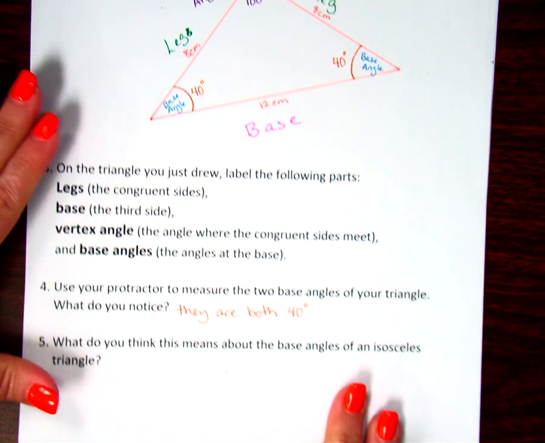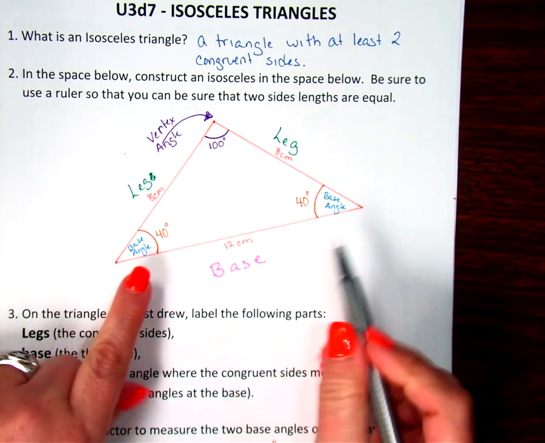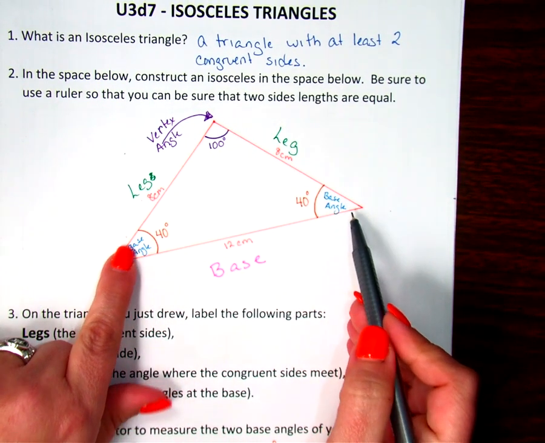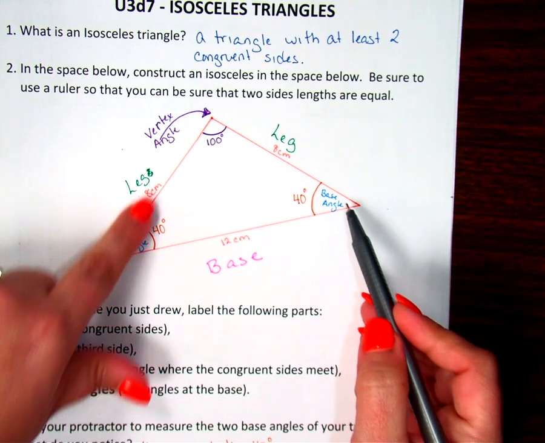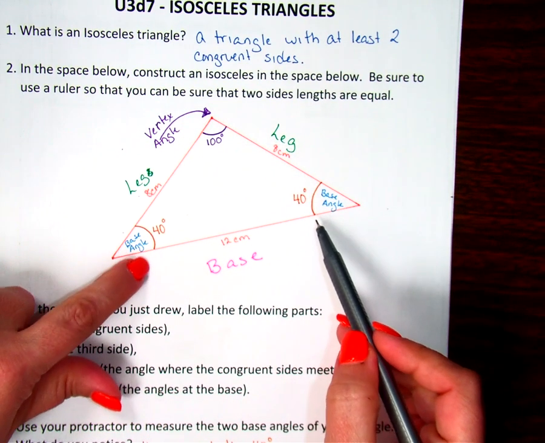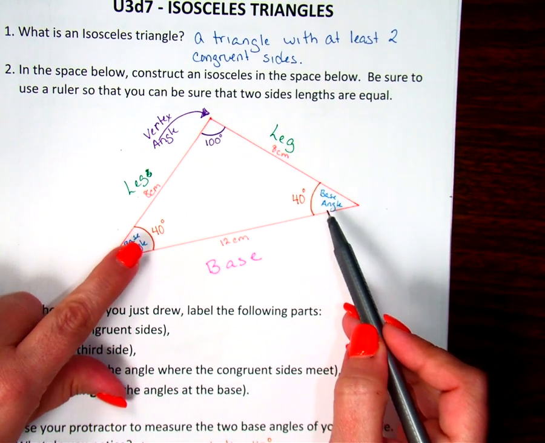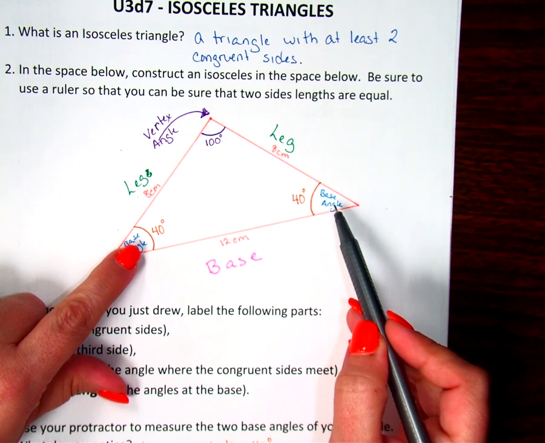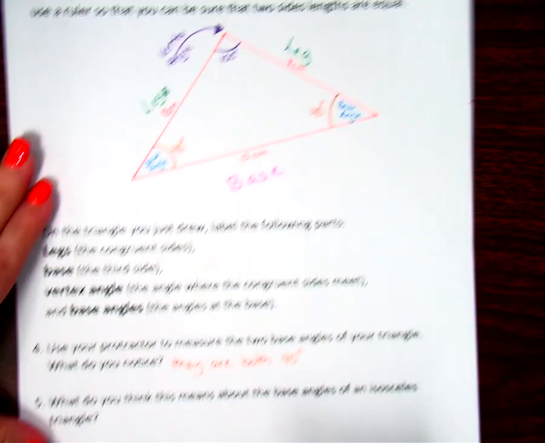Okay, well, let's see. My base angles of my isosceles triangle, since it always opens up to the same length, they're always going to be the same measure. So the base angles of an isosceles triangle will always be congruent. Okay?